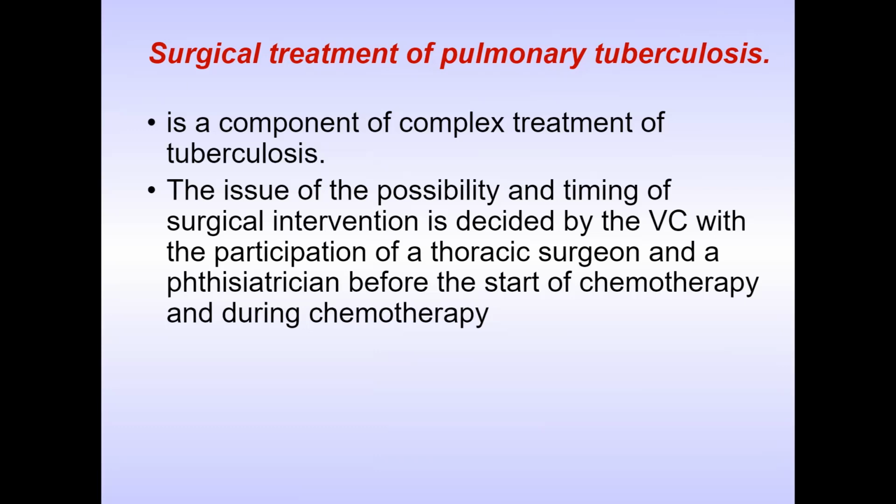The possibility and timing of surgical intervention is decided by the medical commission with the participation of a thoracic surgeon and a phthisiatrician, before the start of chemotherapy and during chemotherapy.